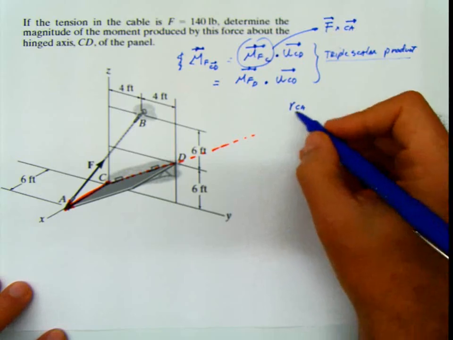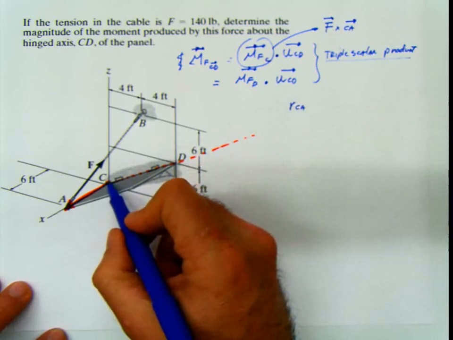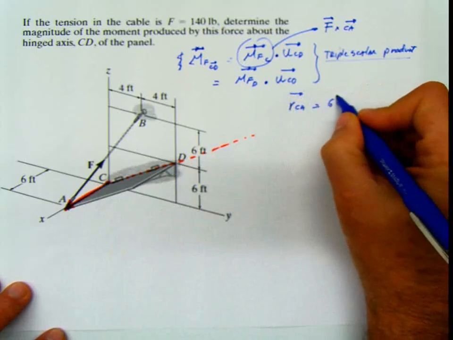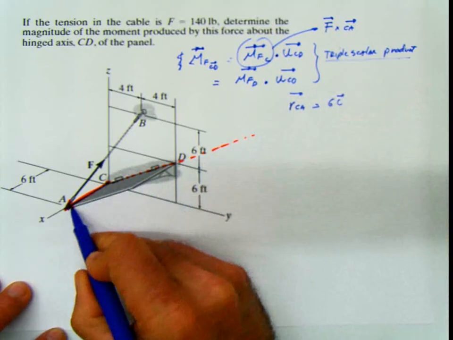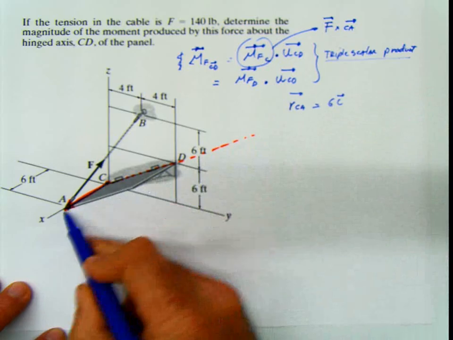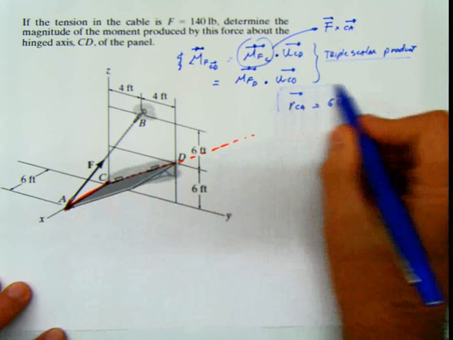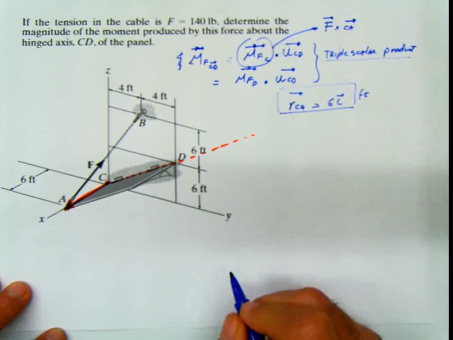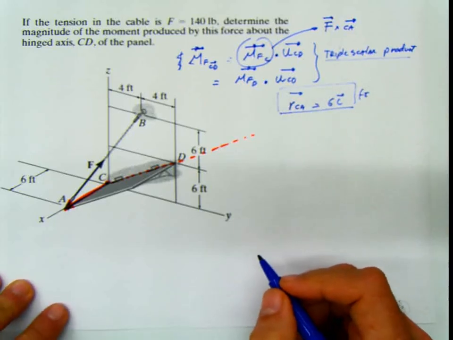CA is 6i, and nothing else because it's over the x-axis. So this is going to be my arm, 6i. And remember, the units from time to time, it's good to copy them, though it doesn't fit.